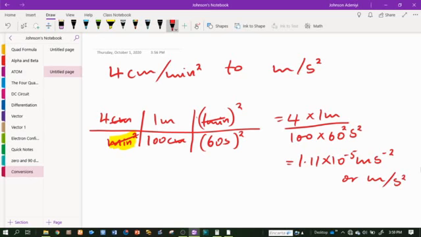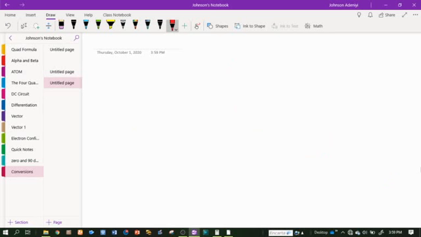So let's look at some conversions of concentration. Let's say you are given sodium hydroxide in a solution. Remember, sodium hydroxide is an alkaline.